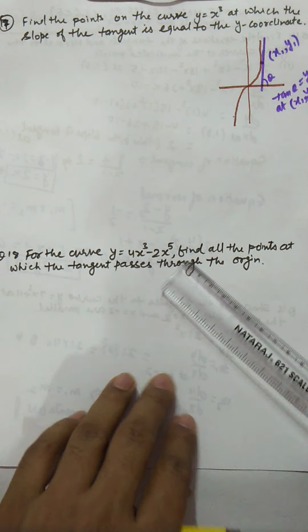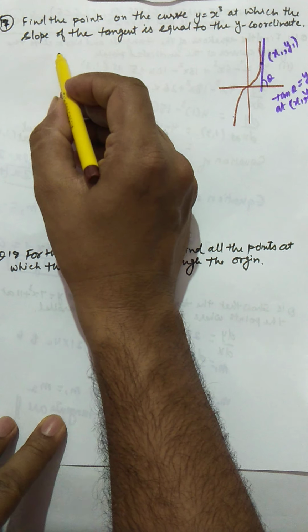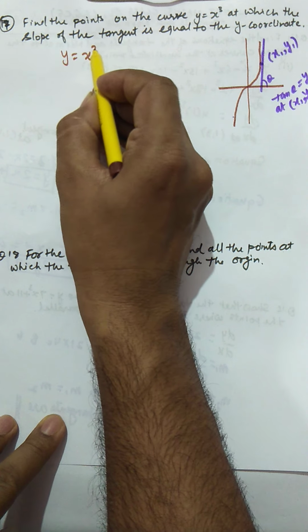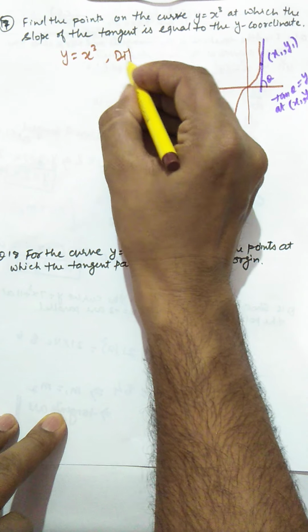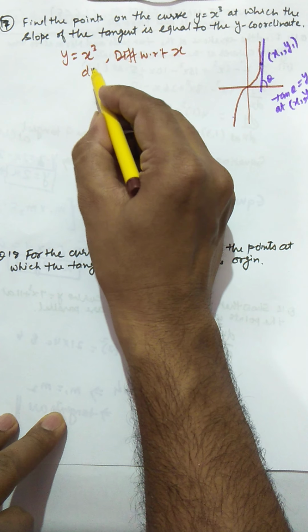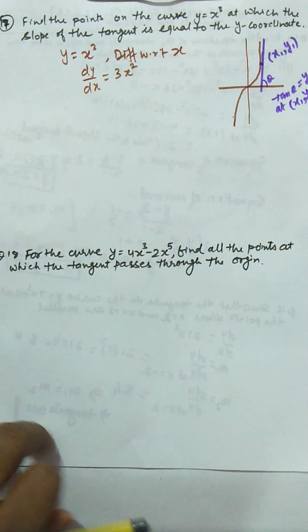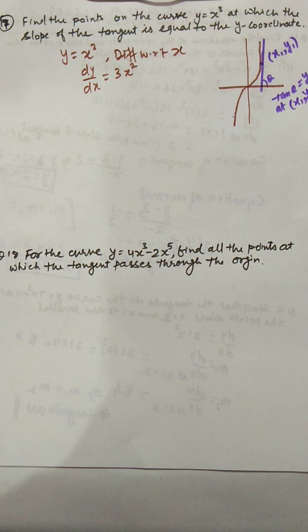Now we'll start the procedure as we normally find the slope of the tangent. So y is equal to x cube. We differentiate with respect to x, so dy by dx equals 3x square. This is the slope of the tangent.